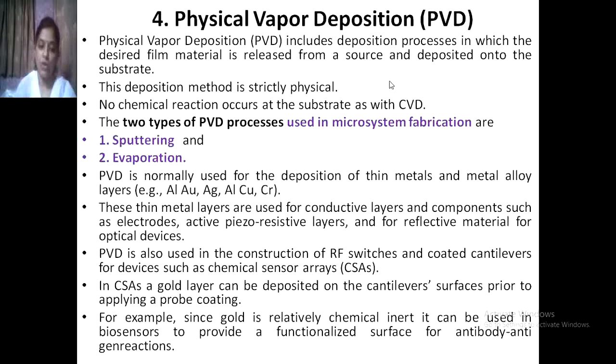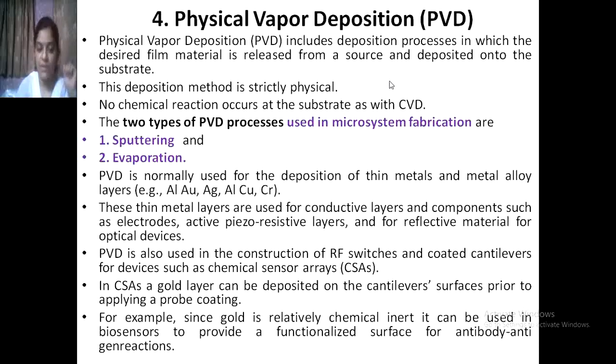PVD is also used in the construction of RF switches and coated cantilevers for devices such as chemical sensor arrays. In these, a gold layer can be deposited on the cantilever surfaces prior to applying a probe coating.